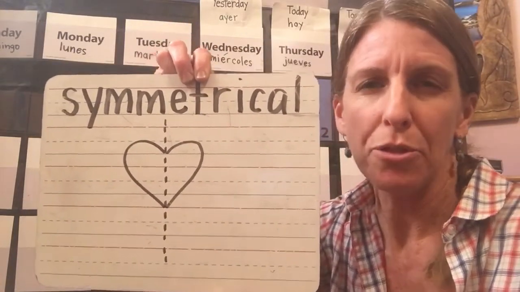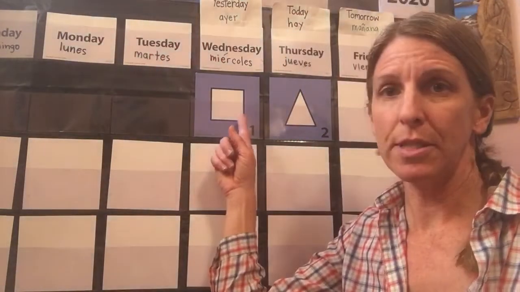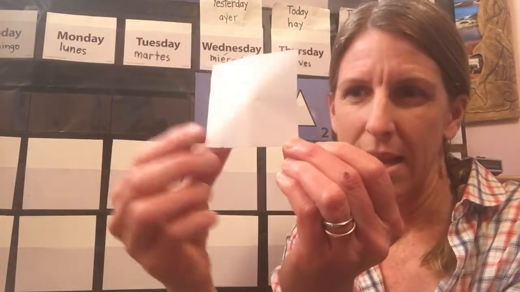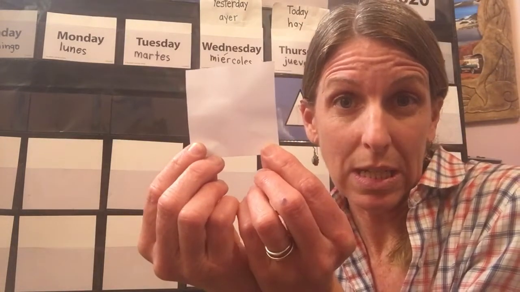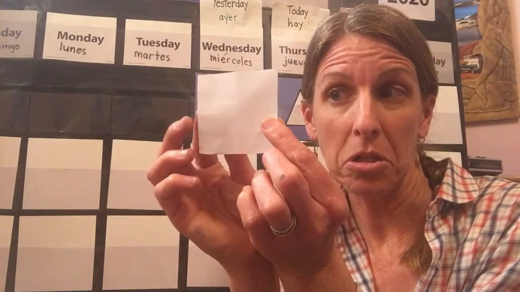So let me show you what I mean for our calendar cards. The first day was a square. So I cut out a square. Is there a way to make this square symmetrical, or to show that it is symmetrical? Is there a line you could fold to make it in half so that one half is the same as the other half? Could you go like this?